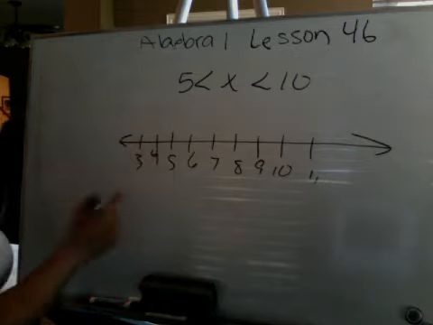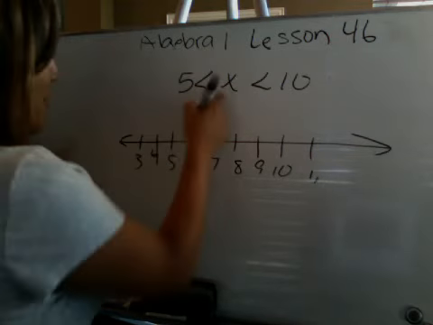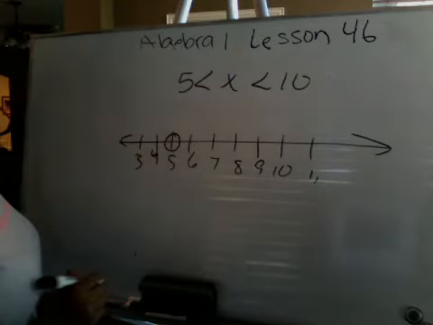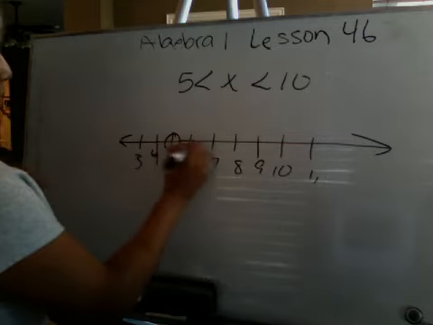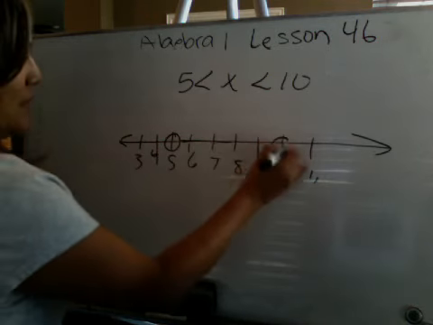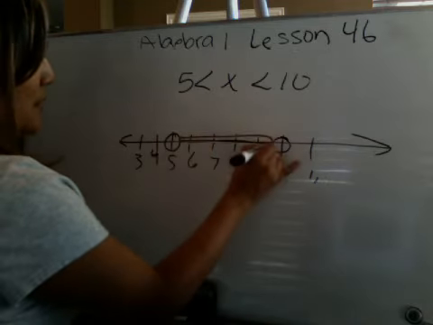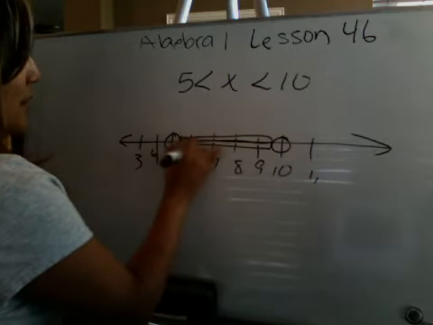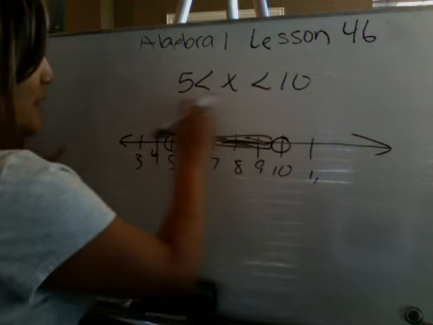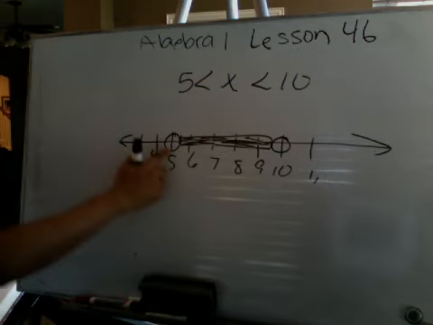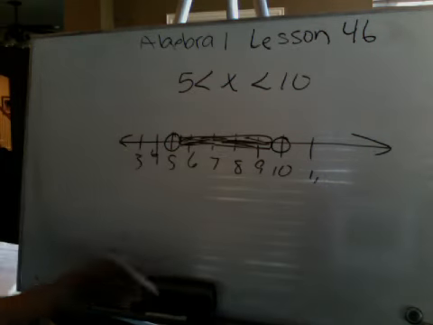Okay, so I'm saying x is greater than 5, so it's open, and it's going to be this way, but x is less than 10, so it's going to be this way. So this is how I would graph it. Because I have a less than sign, not a less than or equal, my circles are open.